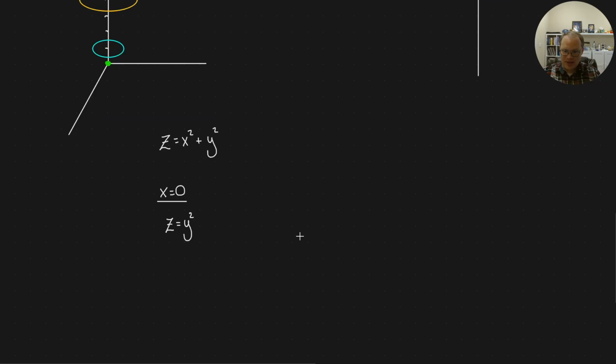And so in the zy plane, I'm going to get, well, that's a parabola. Let me actually color it purple. That way I won't clash with the other traces I've already used.